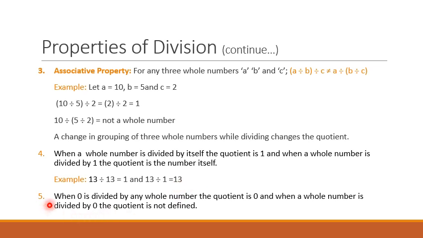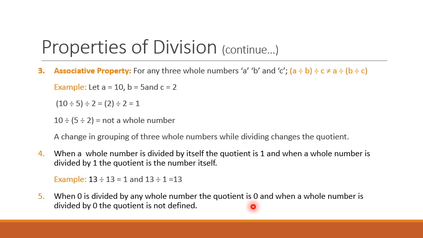Now next property is about the 0. When 0 is divided by any whole number, the quotient is 0. And when a whole number is divided by 0, the quotient is not defined. Now what does it mean? If I divide 0 by any whole number, the answer is always 0.